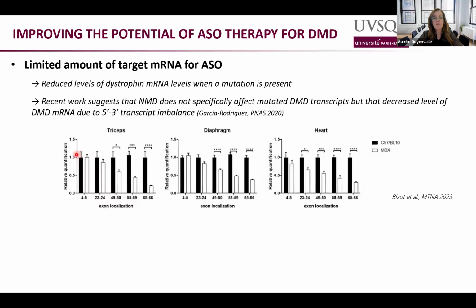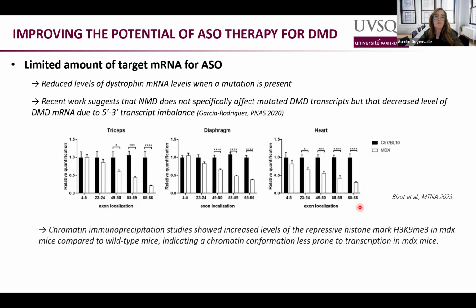If you compare the level in wild type and dystrophic animals, you can see that at the 5' of the gene they are quite similar, but then they start to decrease quite significantly, and towards the 3' of the transcript there's clearly less transcript, and this is true for almost all the tissues that we've looked at. Less transcript means there's not as much transcript available for the antisense oligonucleotides to play their role.